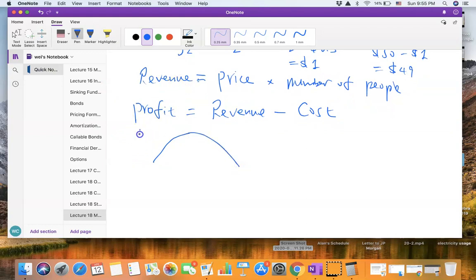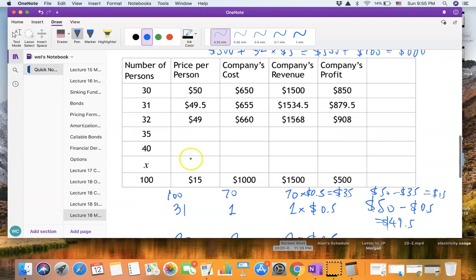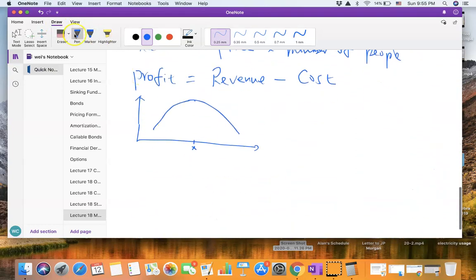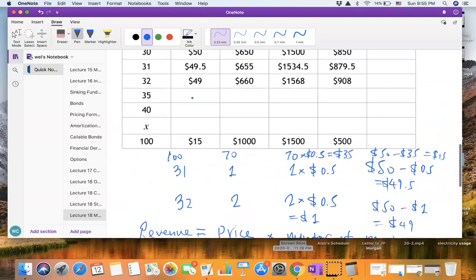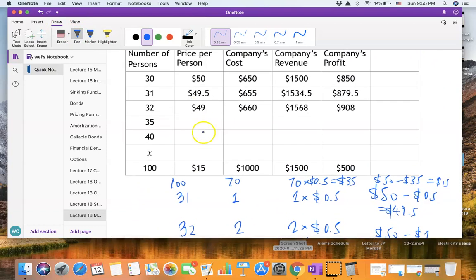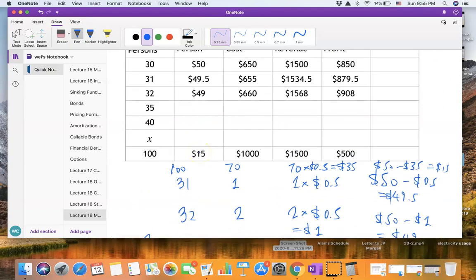So this problem wants us to find out at which point the profit is a maximum. Okay, so let's start solving this problem using the calculators.